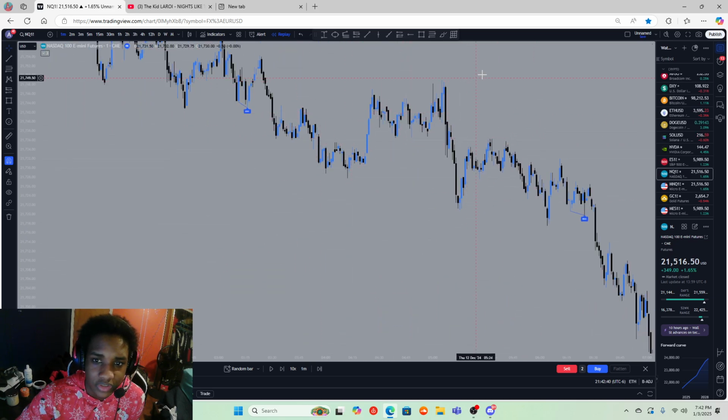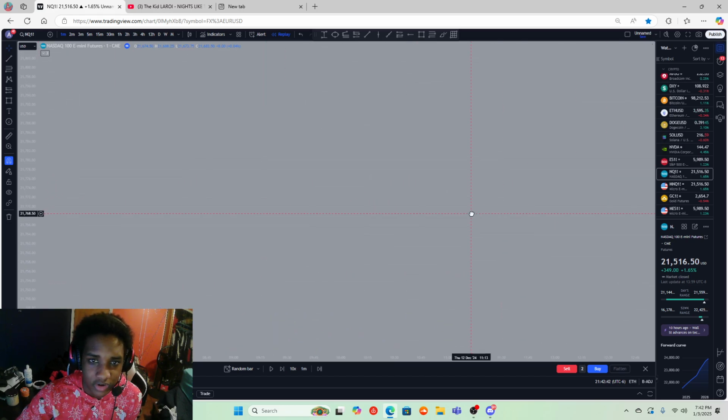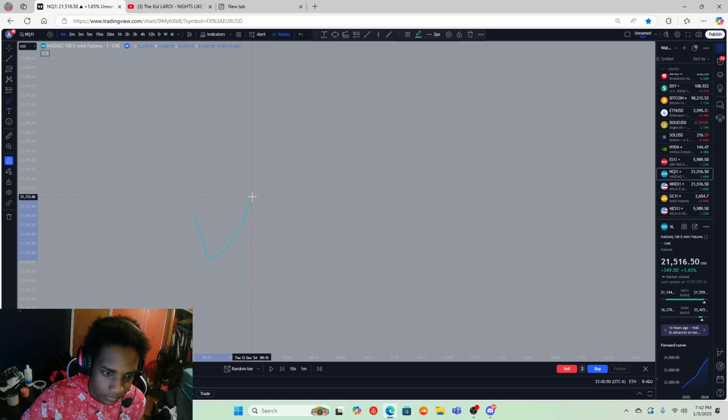So liquidity comes in two forms. There is external liquidity and there's internal liquidity. External liquidity is going to be your old highs and your old lows. That's external liquidity.